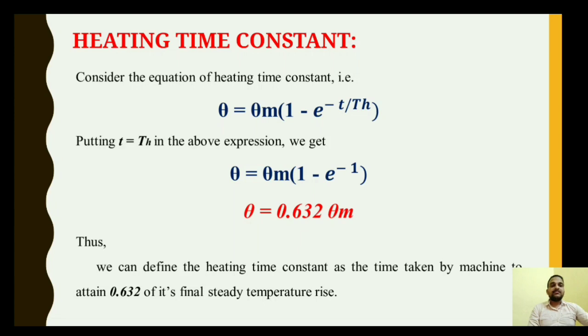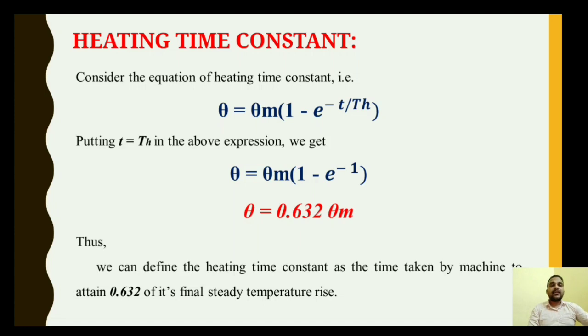The value signified by th equals g h upon s lambda, where g is the weight of the machine in kilograms, h is the specific heat, s is the surface area, and lambda is the specific heat dissipation, that is, the emissivity we can say.